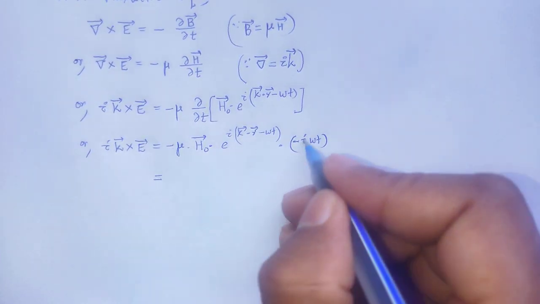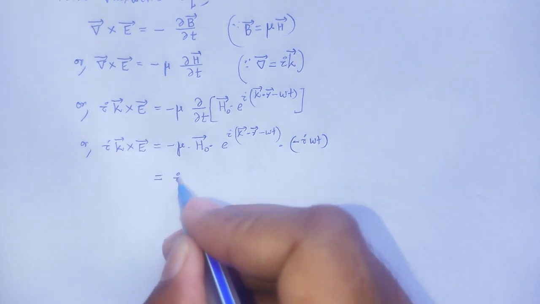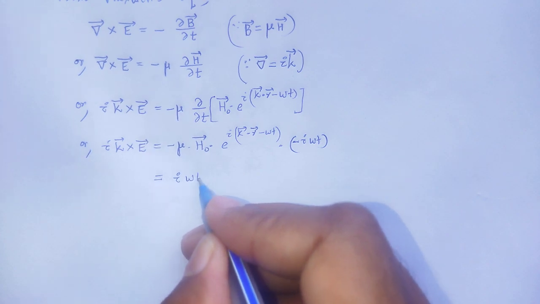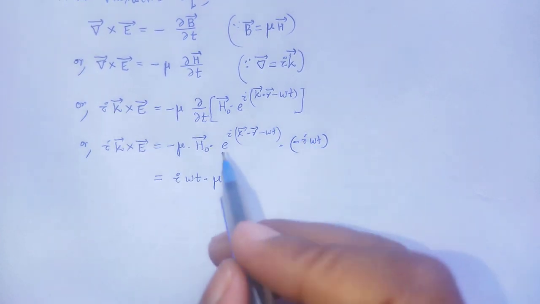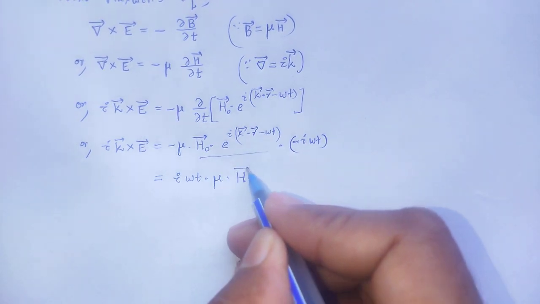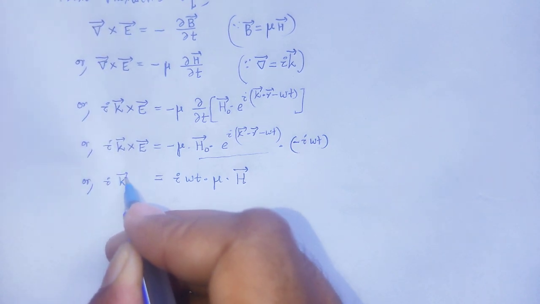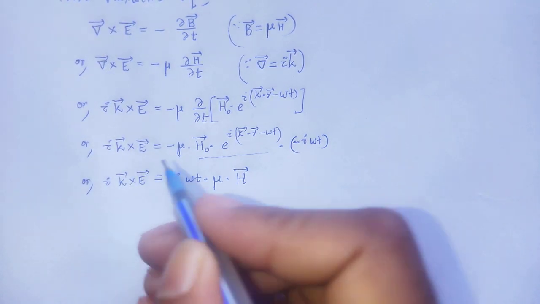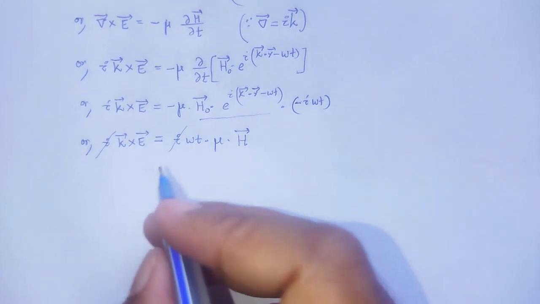Here we obtain minus minus plus i omega mu H naught into that much as H vector. i cancelled out.